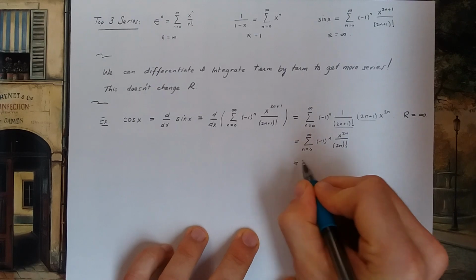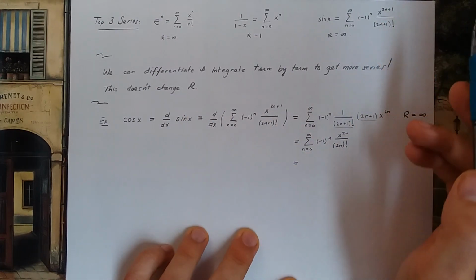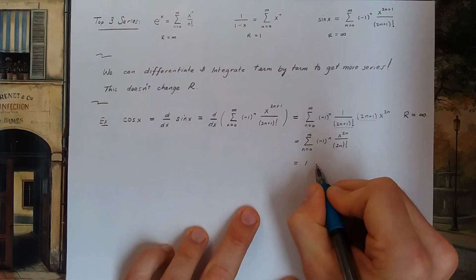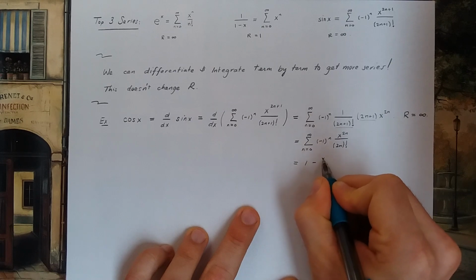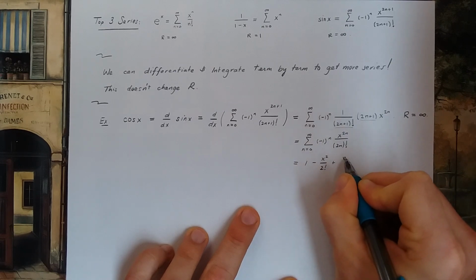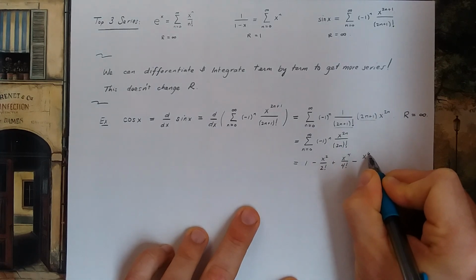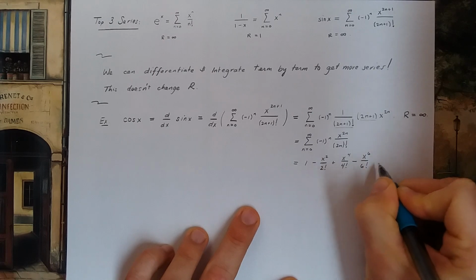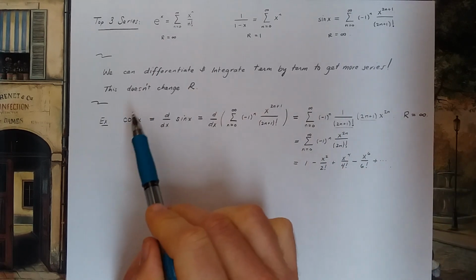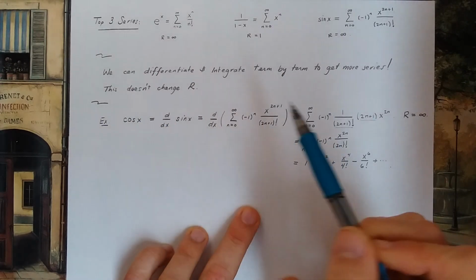Now, if you remember the Taylor series for sine x, these are the odd powers, cosine, the even ones. So cosine has series 1 minus x squared over 2 factorial plus x to the 4th over 4 factorial minus x to the 6th over 6 factorial, and so on. Okay, so we got the Taylor series for cosine x just by differentiation.